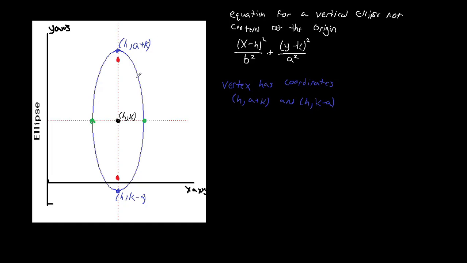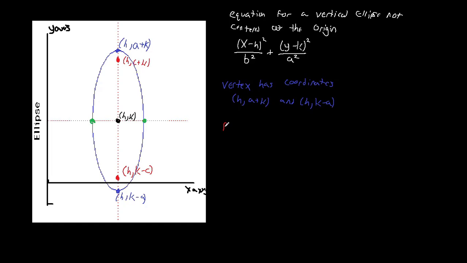All right, and foci, again, following that exact same trend. In this case, to get to here, we had to go up k and then up c. So this is going to be h comma c plus k. And then to get here, you have to go over h, you have to go up k and then down c. So this is going to be h comma k minus c.